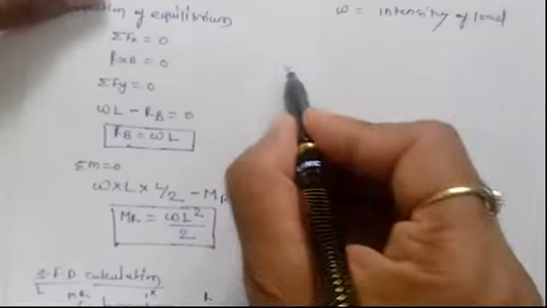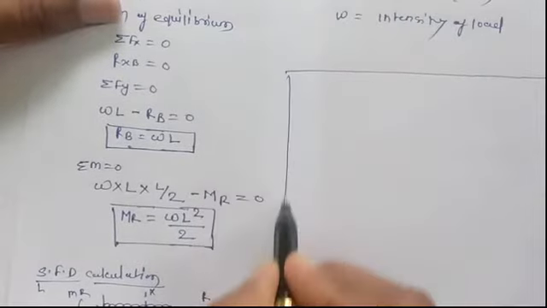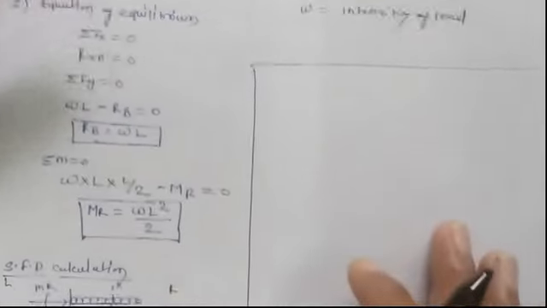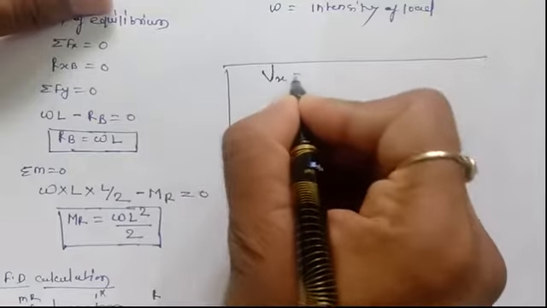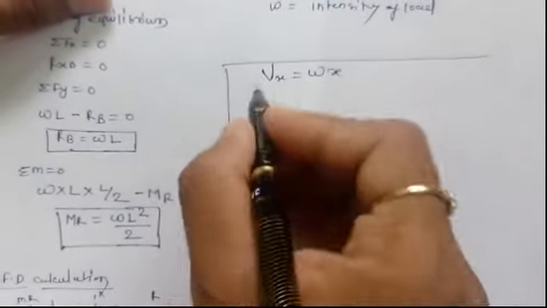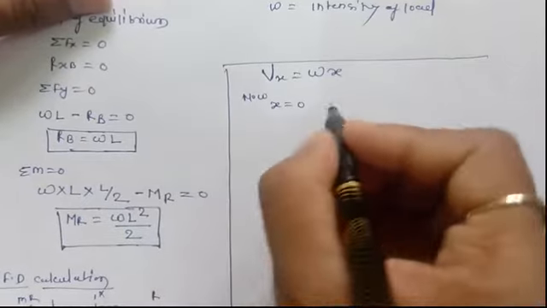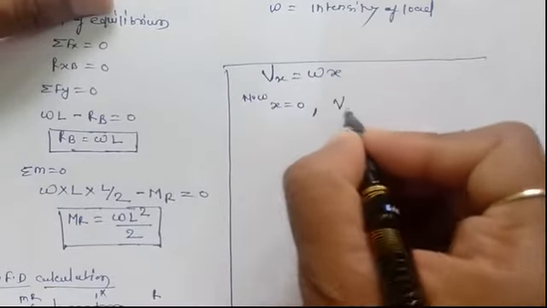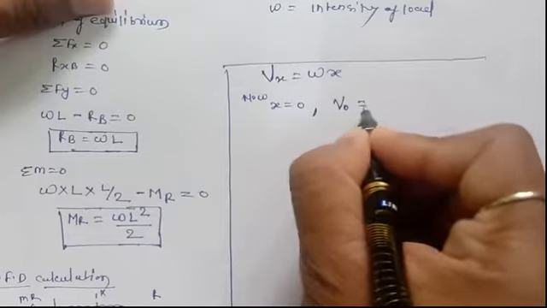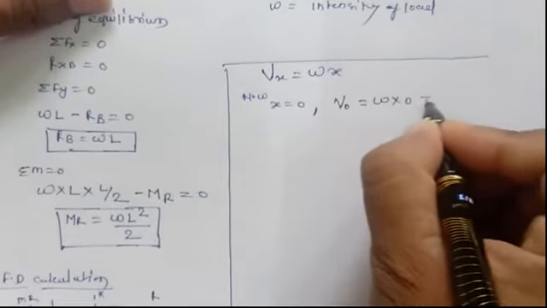Now here I can calculate the same thing. We know that Vx equals Wx. So when X equals 0, we put Vx, which is W into 0, equal to 0.